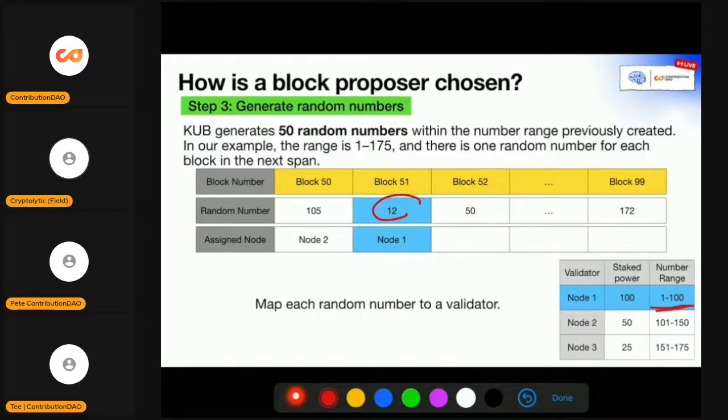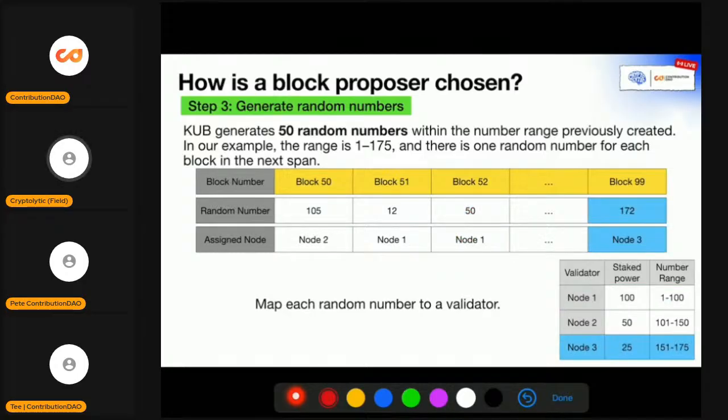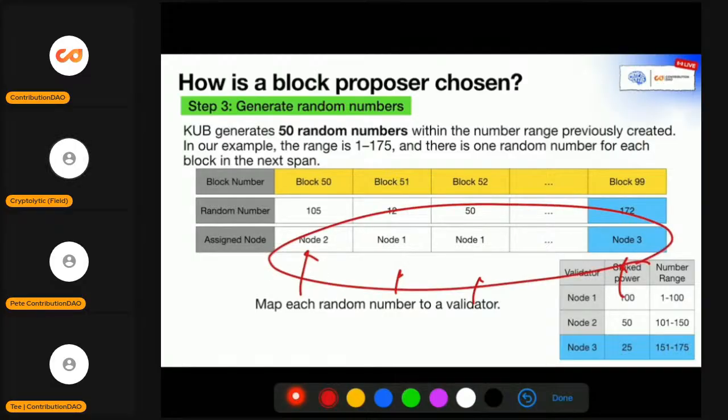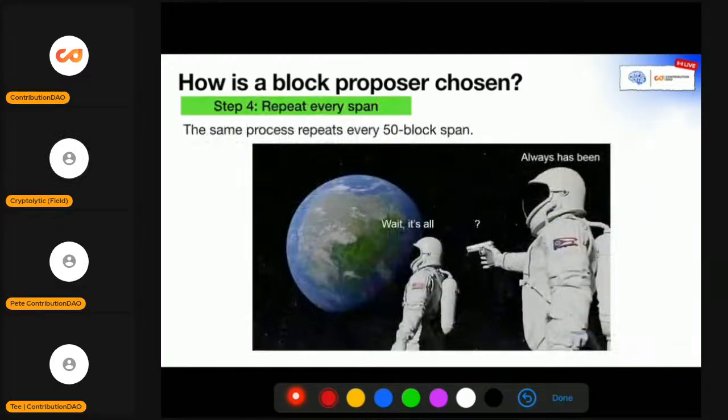So node 1 gets chosen as the proposer here. Then you just repeat this process until all of the slots are filled. Now all of the slots have been assigned a proposer, and then you just have to repeat it every span, every time at the middle of the current span.